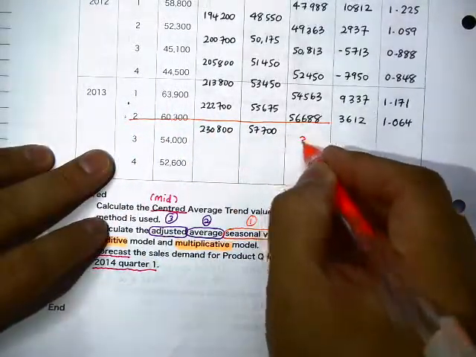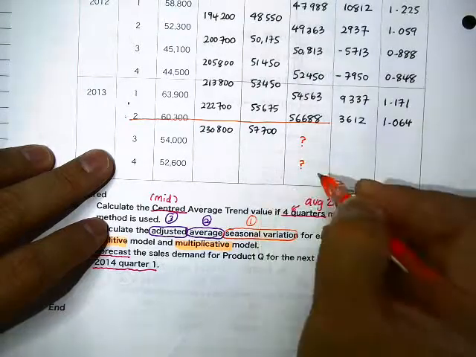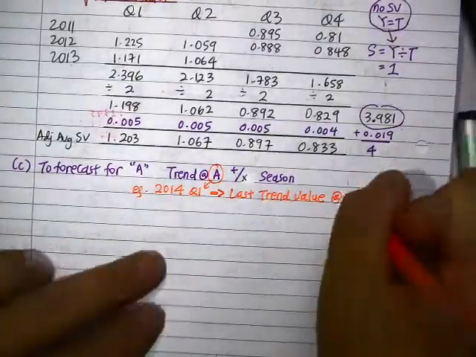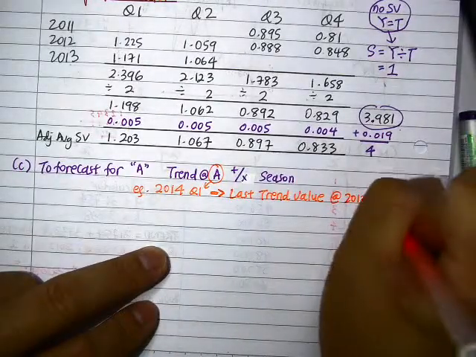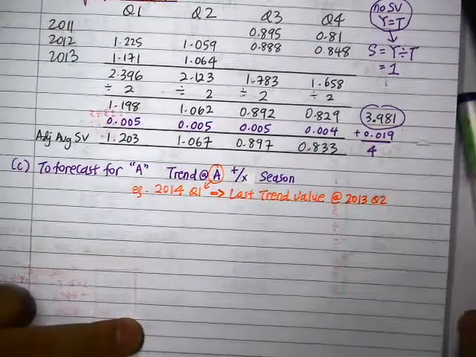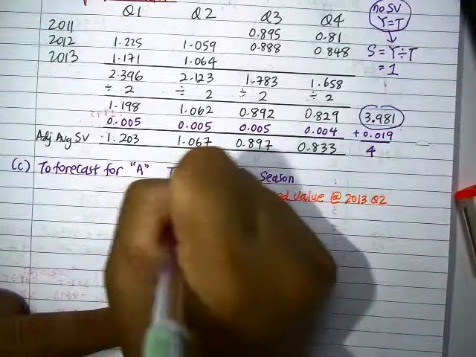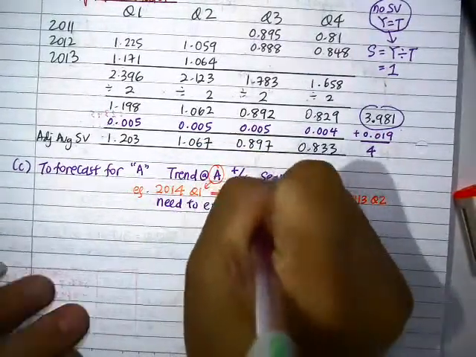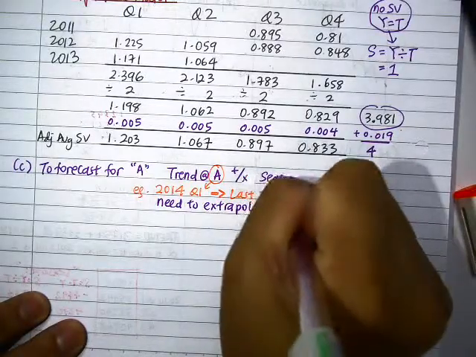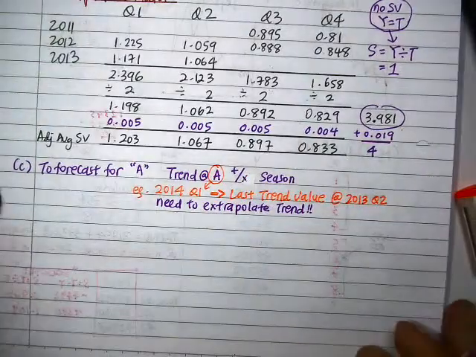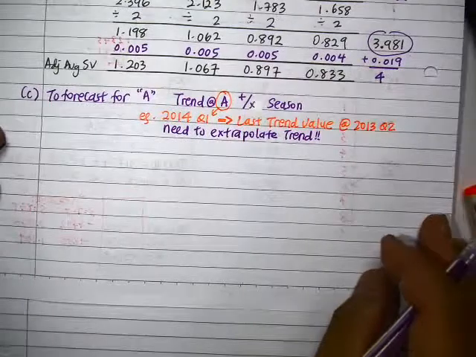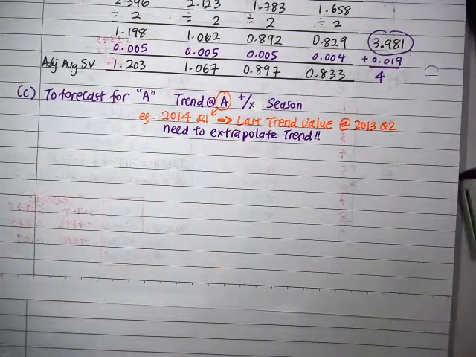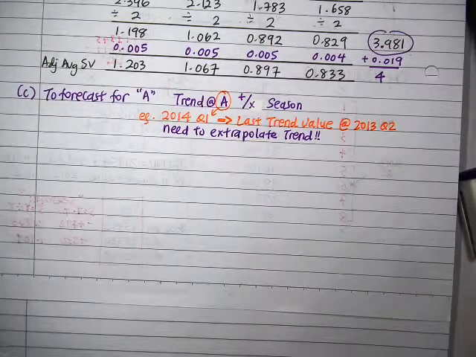So what is my value here, and go on? Now that one I don't know. So when I don't know, it starts at 2013 quarter 2. So what I need to do is extrapolate the trend. Okay, that's what I have to do. I need to extrapolate the trend.